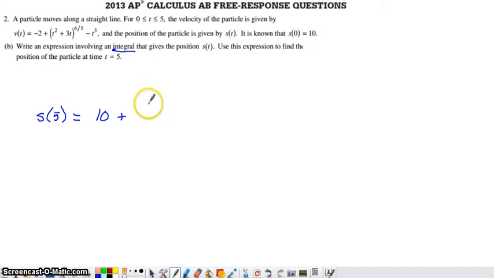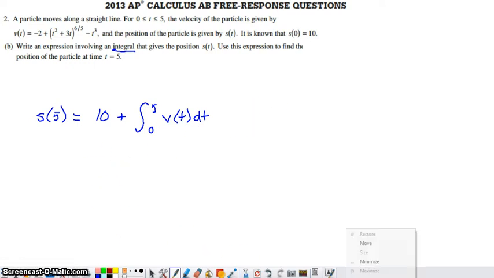So we're going to have to integrate the rate of change of position from 0 to 5 to figure out how much change actually occurs across that interval, and the rate of change of position is velocity. So if we take our starting point into account and we add on how much the position has changed from 0 up to 5, we're going to have our answer for the second part of part B here.